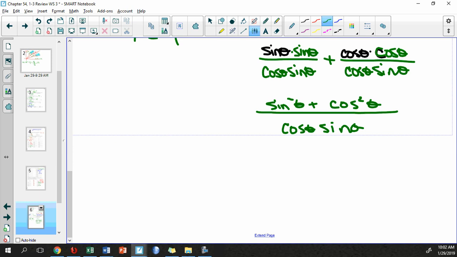Any recognition? Recognize anything? Look at that formula sheet.